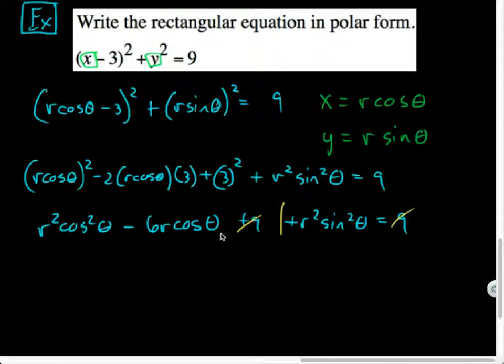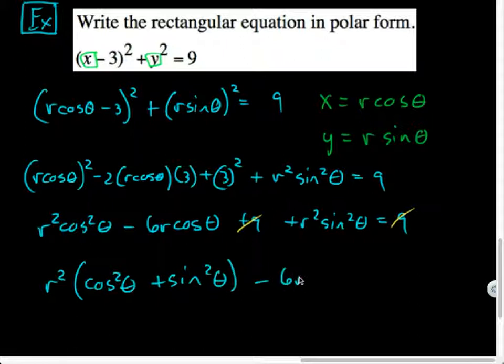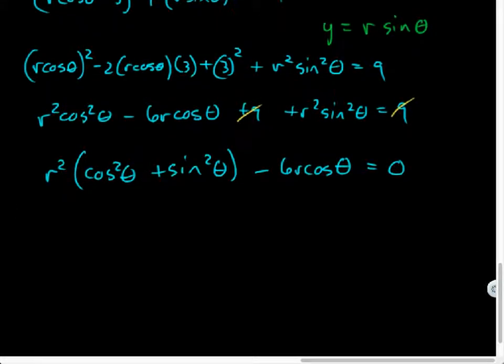So I'm going to work towards that. Let's factor the r squared out of those two things. So I'd have r squared times (cos squared theta plus sine squared theta) minus 6r cos theta hanging outside still equals 0. And this whole inside is just equal to 1.